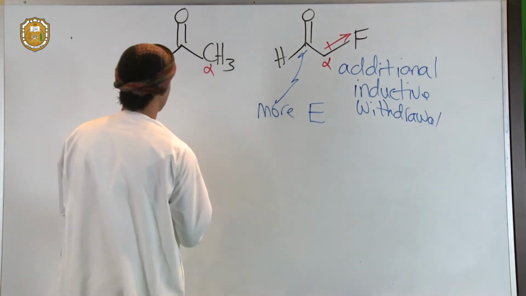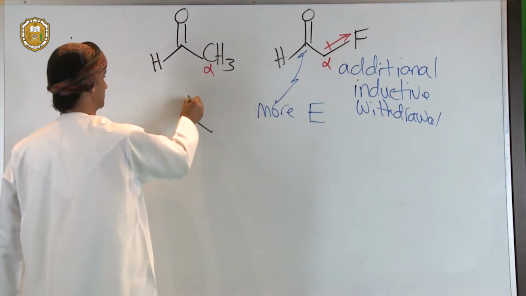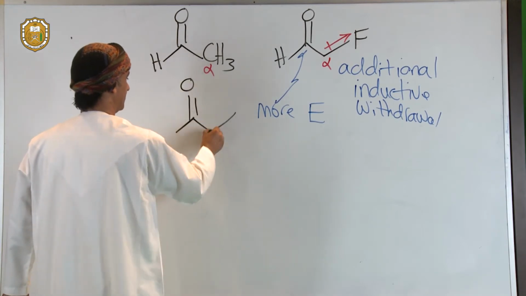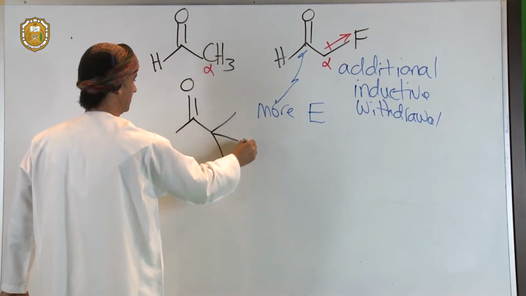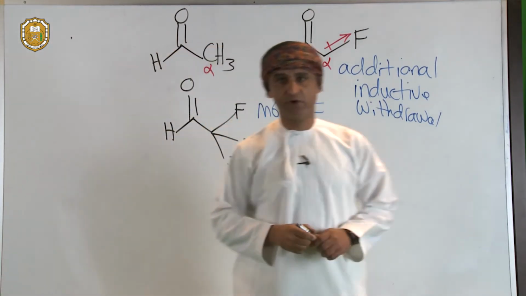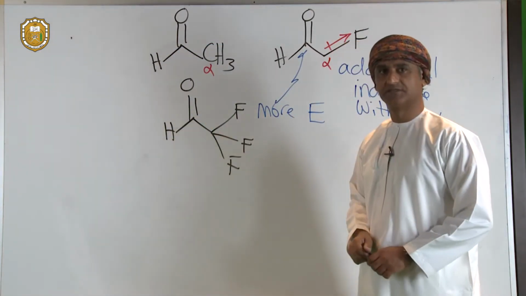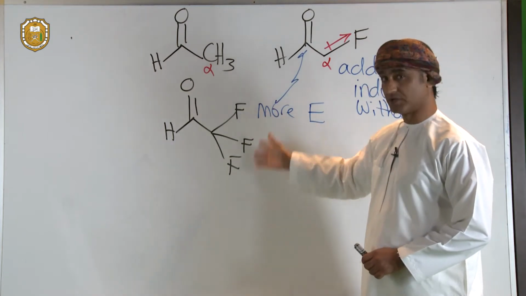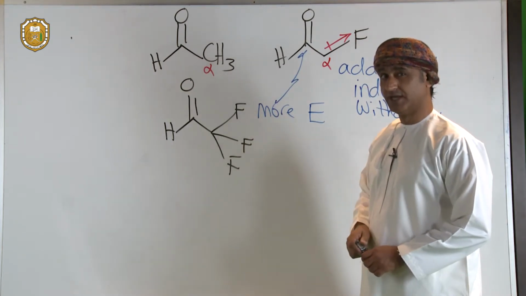Let's take, for example, an aldehyde of this sort. So if there are now 3 fluorine atoms on this carbon adjacent to the carbonyl group, there is triple additional inductive withdrawal actually.